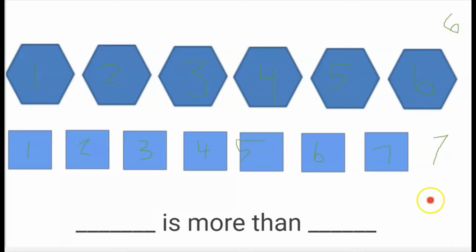You probably talked about there are 6 hexagons and 7 squares, which means 7 is more than 6. Which is more, 7 or 6? 7. We could fill in our sentence down here. 7 is more than 6.